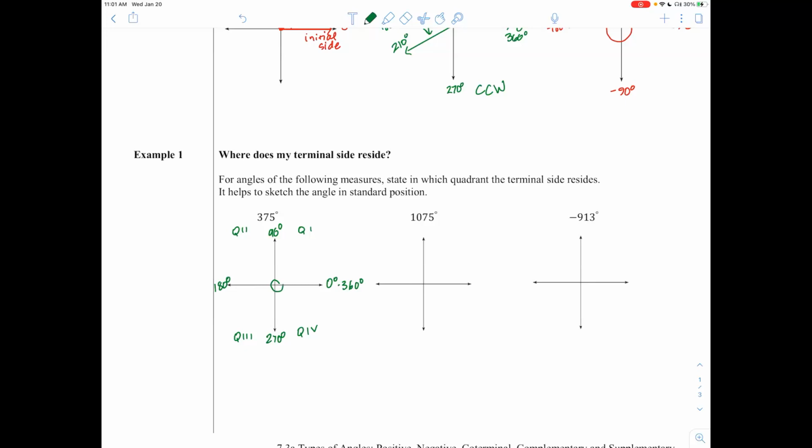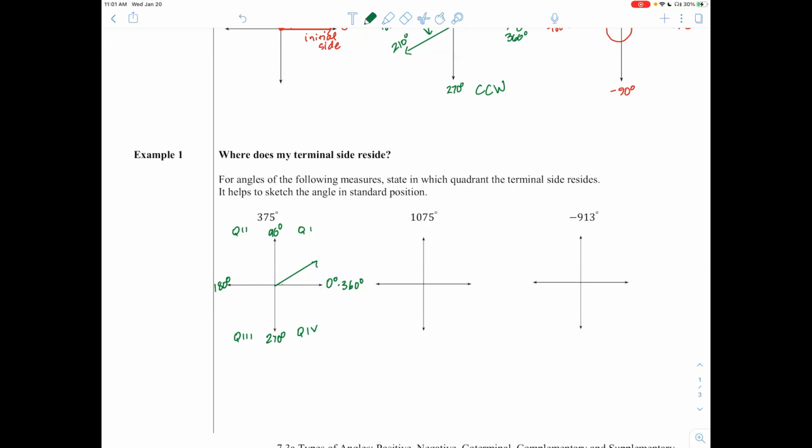And then 375 degrees is just another 15 degrees, right? So that would end about right there.